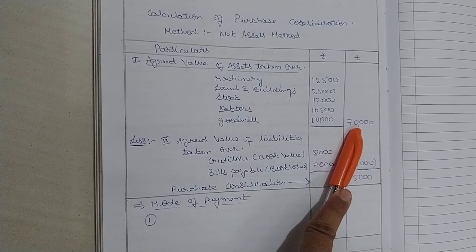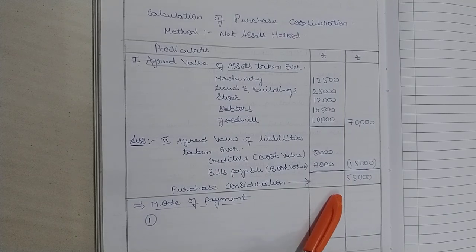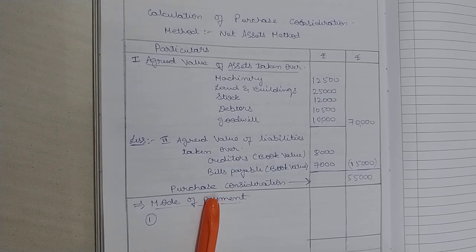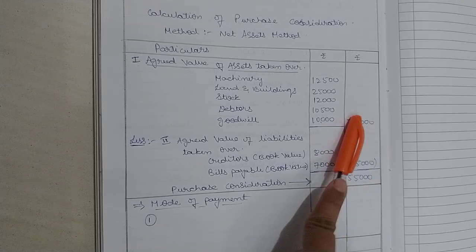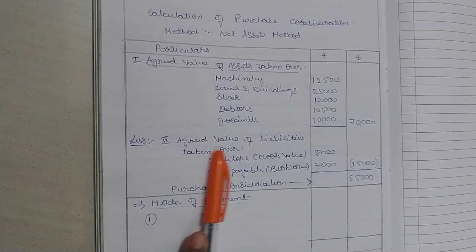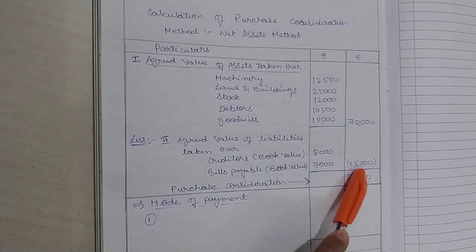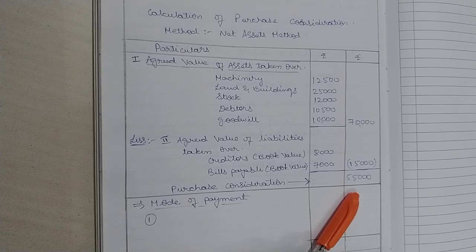Yes. So 70,000 minus 15,000, you will arrive at 55,000. So what is the amount of purchase consideration? 55,000. Agreed value of assets taken over less agreed value of liabilities taken over, you will come at purchase consideration, that is 55,000.